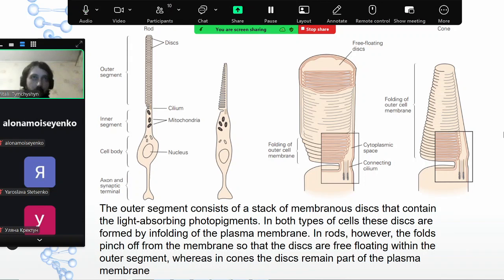So the biochemical magic will be performed basically either on these discs in rods or in these foldings in cones.